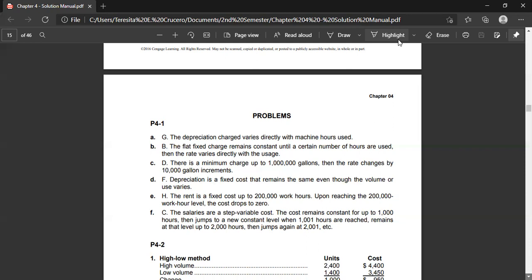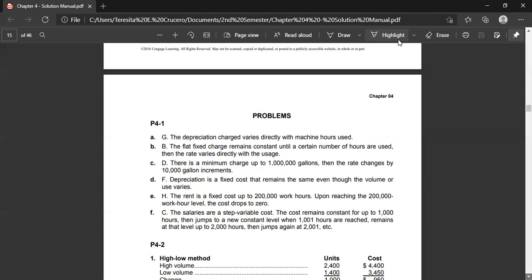Meaning you have to reach a minimum of 200,000 labor hours. Now, the pair is letter H. You will notice that there's a flat amount. However, if it reaches 200,000 labor hours, then there is no rent to be paid.